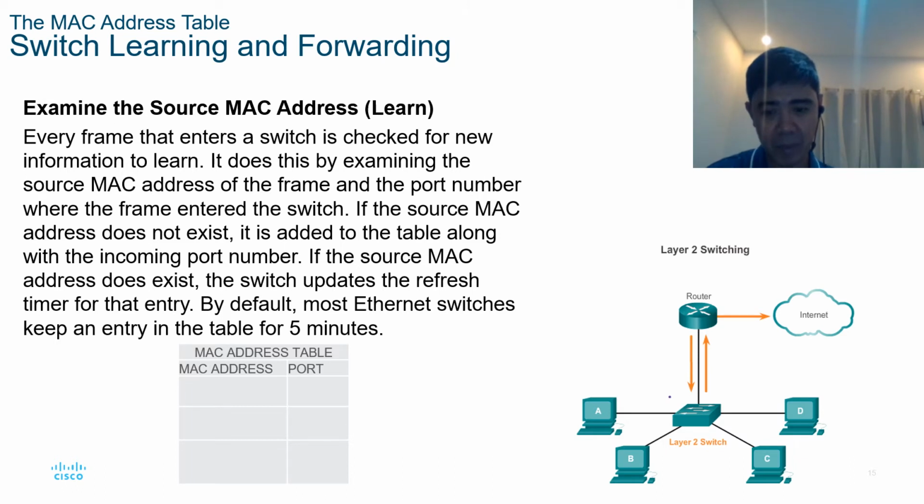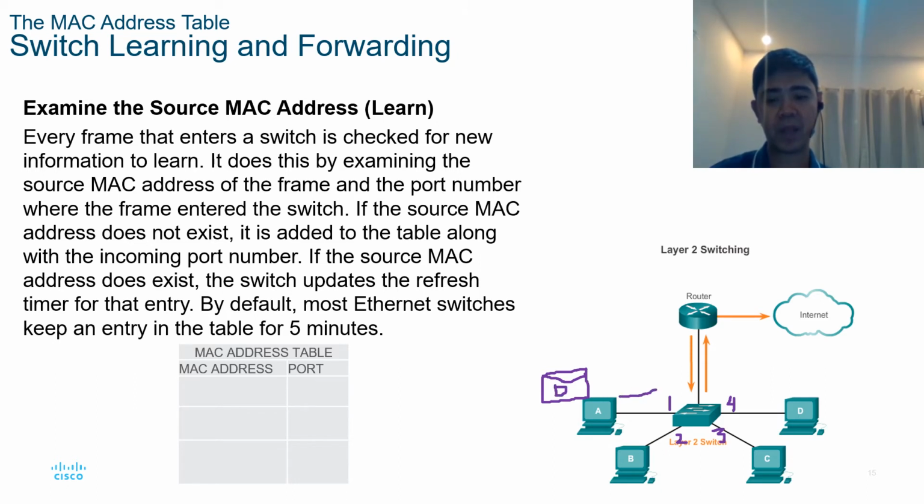Example, let's map this. Let's say A is in port 1, B is in port 2, C is in port 3, and D is in port 4. Say for example, A will send data to D.